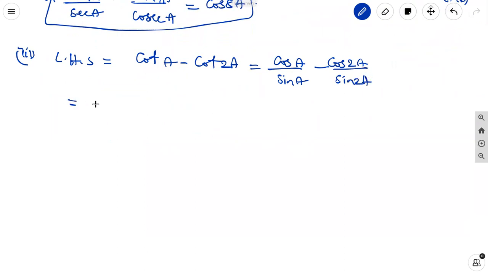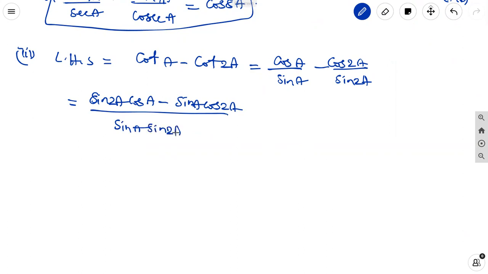Taking LCM, sin 2A cos A minus sin A cos 2A by sin A sin 2A. By cross multiplying, we are taking the LCM. It is in the form of sin A cos B minus cos A sin B. It is equal to sin of A minus B.